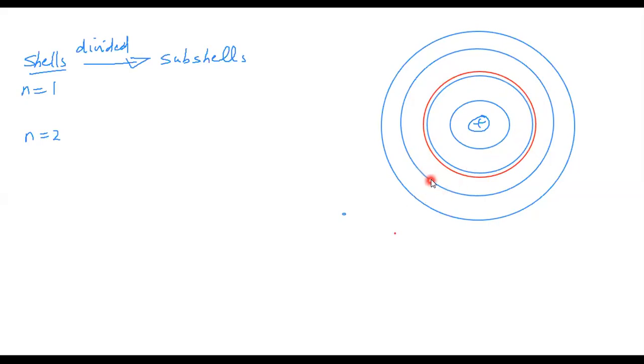So do they both have 8 electrons, or do they have like 4 each? Yes, every subshell is going to take a number of electrons. Is that your question? So do the 2 subshells each have 4 electrons?